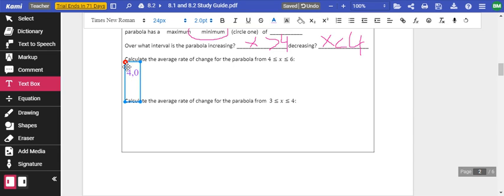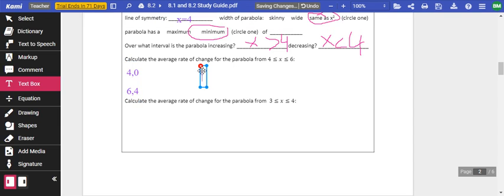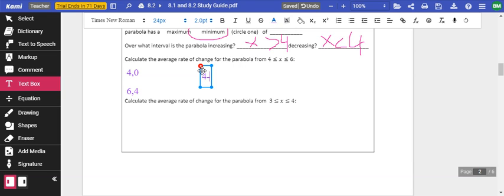And when I plugged in 6, I got 4. So we're just going to go 4 minus 0 all over 6 minus 4. And 4 minus 0 over 6 minus 4 equals 2.